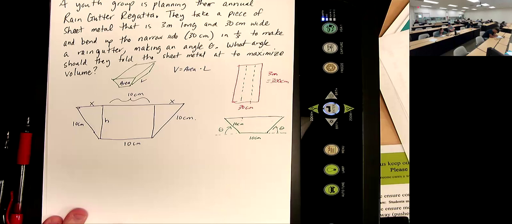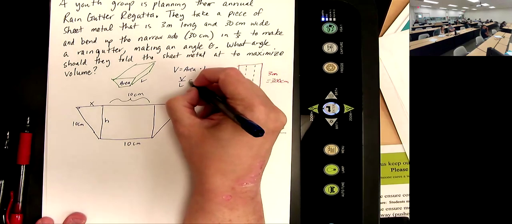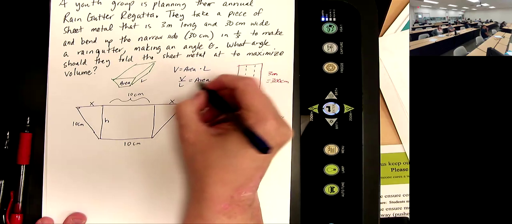This problem is a little bit easier if I make one observation. It's not a lot easier, but I'll make the number smaller. The length is a factor in determining the volume, but will it affect the maximizing? Because the length here is fixed. I could write this as volume over L equals area, and L is a constant.